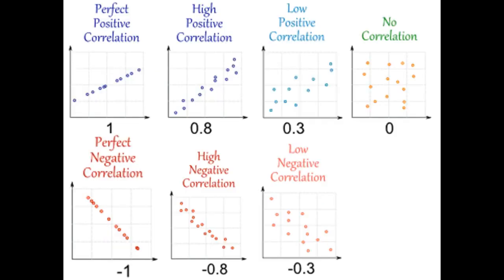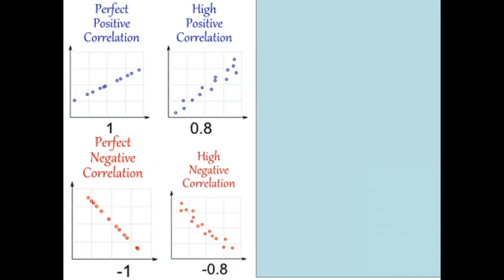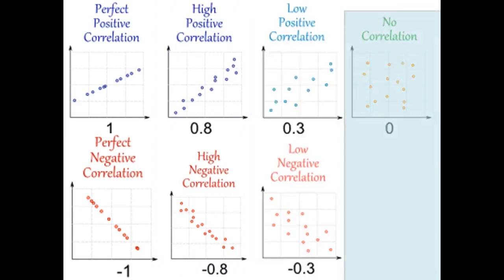Let's compare and contrast some correlations and their scatter graphs. Correlations of +1, usually just written as 1 because we don't usually show the plus sign for positive numbers, and -1 are equally perfect. Correlations of 0.8 and -0.8 are equally strong or high, and correlations of 0.3 or -0.3 are equally weak or low.